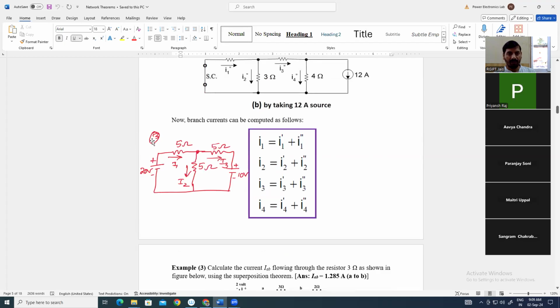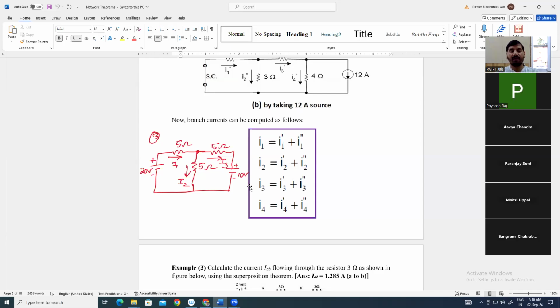So if you apply the superposition theorem, you can see that there are two sources here. Each source at a time you have to consider, and you have to eliminate the other sources in the circuit. And then you have to calculate the current flowing through the branches by considering a single source at a time. Then next time you have to take the next source.